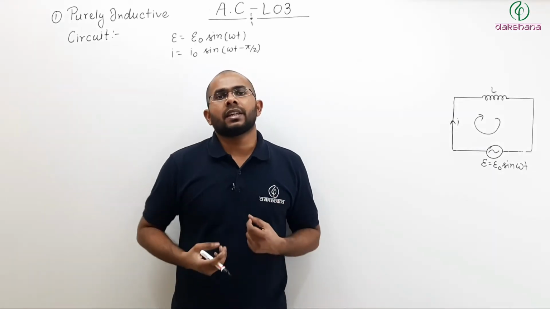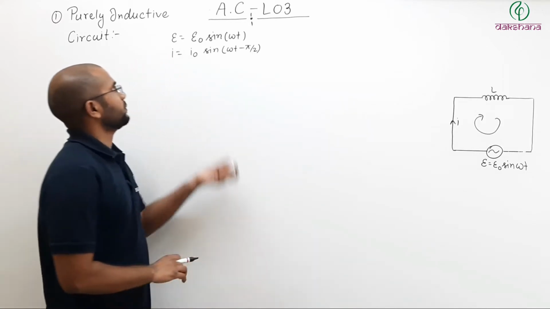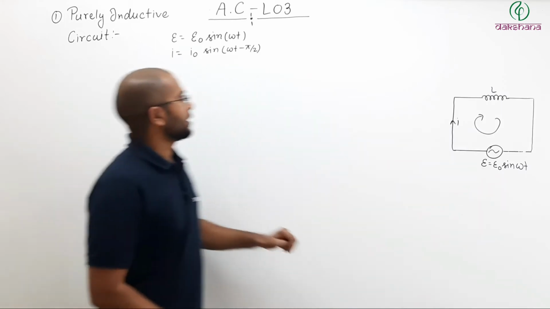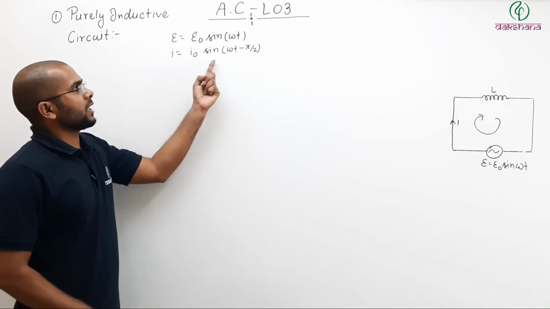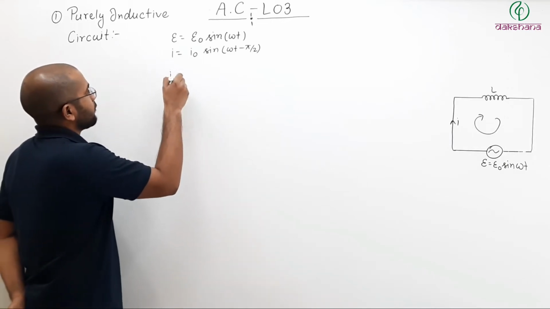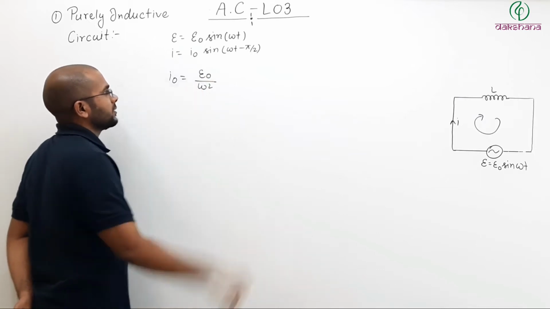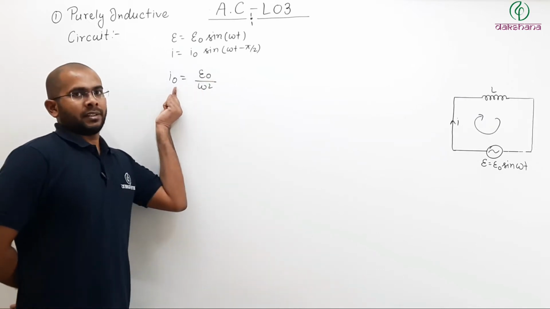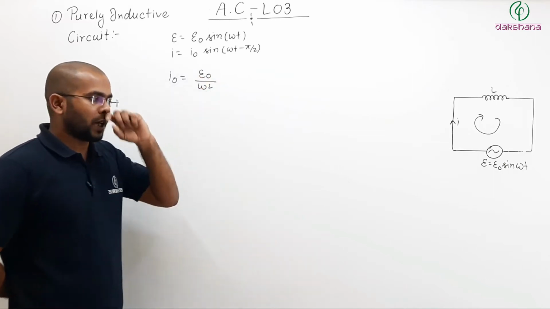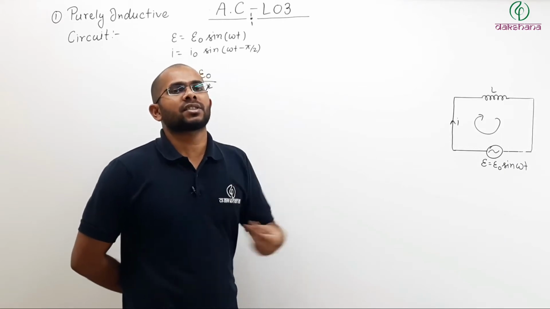As we have seen, in case of a purely inductive circuit, if potential is written as E naught sine omega t, that is the source, then current may be written as I naught sine of omega t minus pi by 2. Here I naught is nothing but E naught divided by omega L. So this is maximum current, this is maximum potential, and this omega L is acting like the effective resistance.